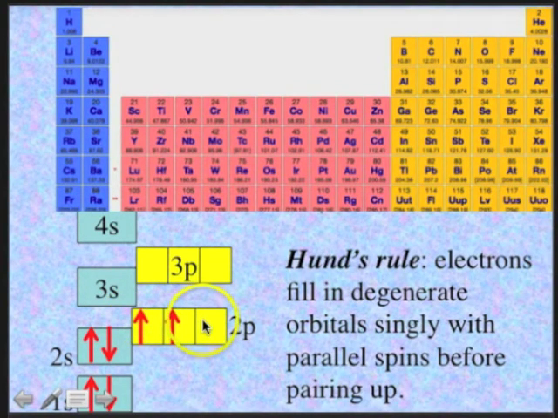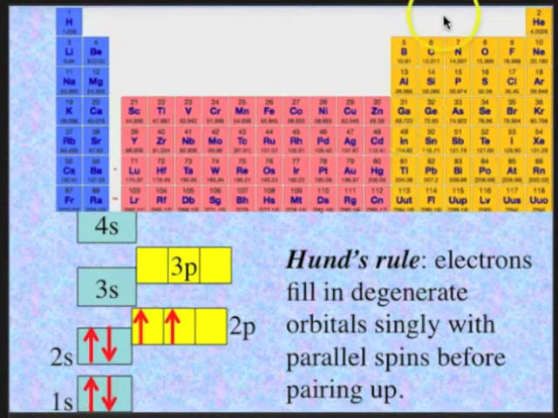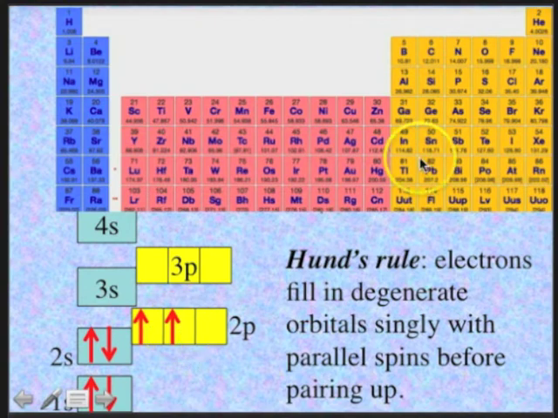So these 3 p orbitals here all have the same energy, so we call them degenerate orbitals. And Hund's rule says that electrons fill in degenerate orbitals singly with parallel spins before they begin to pair up. So carbon will be 2p2.